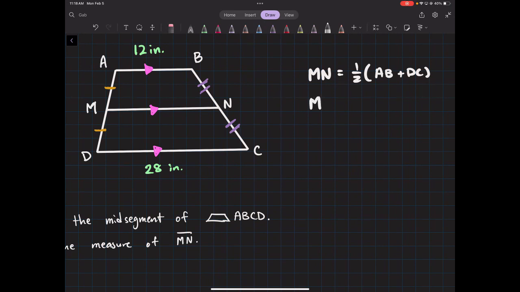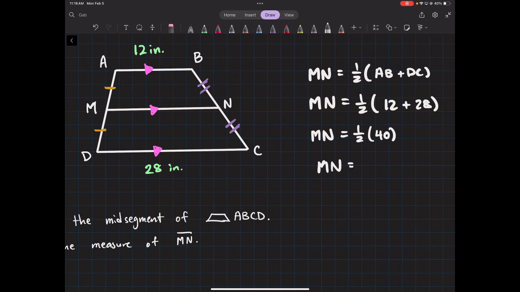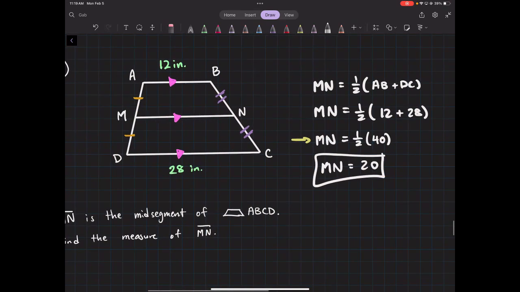Then you replace AB with its value, which is 12, plus DC, which is 28. You should get 40 divided by 2. You decide whether you want to copy down every single step. If you don't need it, don't copy it. But this is your result right there: 20 inches.